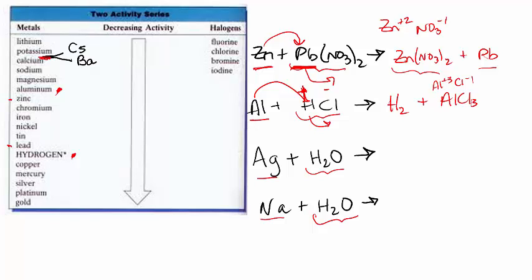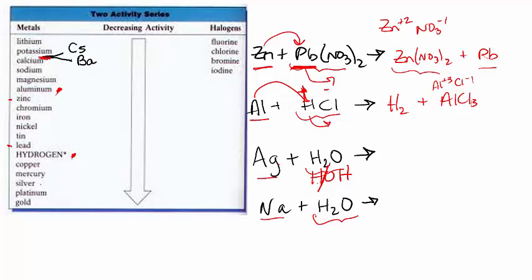Now, for your next one, same idea. I do want you to just take a second, though, because I don't believe this was in the original video. Remember that water is actually HOH. So when you're doing any type of single replacement, you need to think about it being broken apart into hydrogen and hydroxide. So now let's find silver, Ag, and find hydrogen.